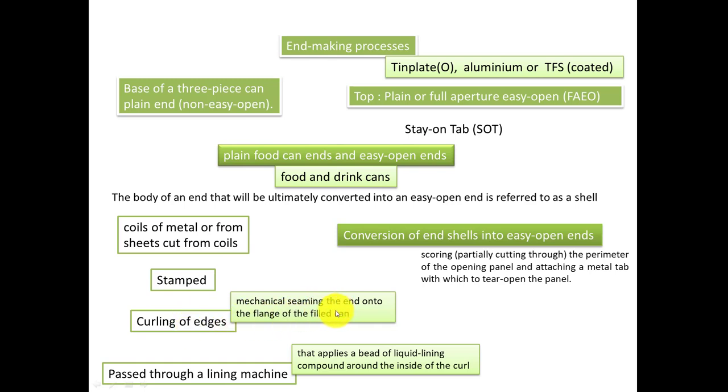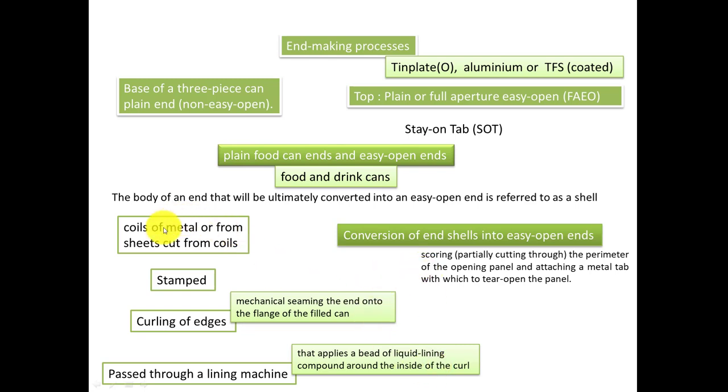You might have learned in the previous portion that we were talking about flanging. Why was this flanging carried out in the can? Just so that it can receive the end. To get it adapted so it can fix very well, the curling of the edges is carried out. Then it is passed through a lining machine that applies a bead of liquid lining compound around the inside of the curls.